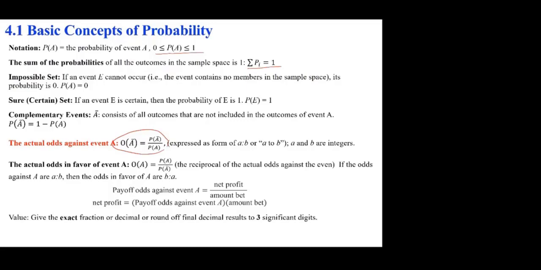Now, the actual odds in favor of an event is P of A over P of A bar, or A not, or A complement, the reciprocal of that. So if odds against an event is A to B, then odds in favor would be B to A.